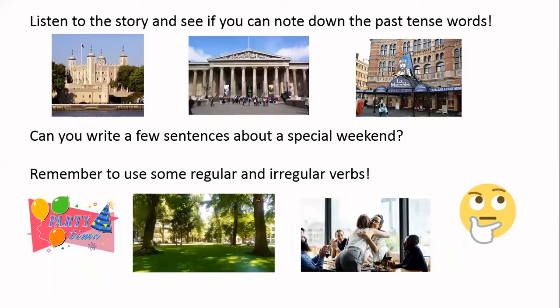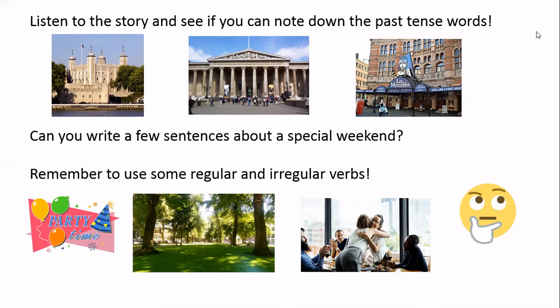Okay, good. So we've looked at regular verbs, irregular verbs. We've looked at negative past tense sentences. So what we're going to do now is I'd like you to listen to a story and see if you can note down the past tense words.